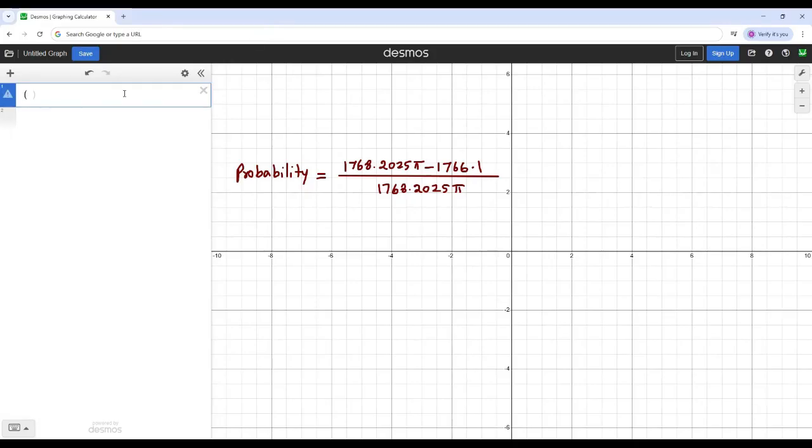That is 1768.2025 pi negative 1766.1 divided by 1768.2025 pi. Okay, here I got the value of the expression, that is 0.682068. It keeps going. According to the instruction, this value has to be rounded to the nearest thousandth. When I round this value to the nearest thousandth, I am getting 0.682. Therefore, the required probability is about 0.682.